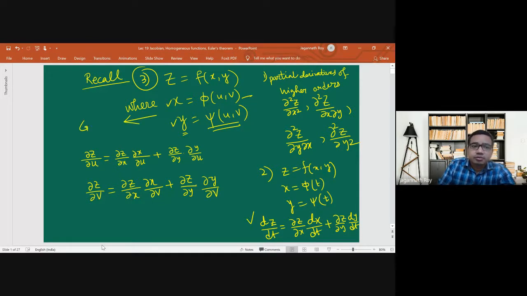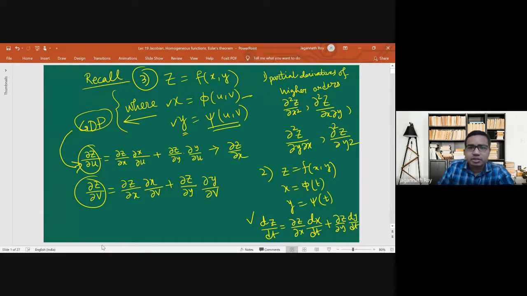One practical example we have seen is that the GDP of one country is a function of this type essentially. Now there we have calculated del z del u, but we have not discussed what will be the actual value of del z del x, the partial derivative with respect to x, or del f del x. Similarly, here also we have not discussed the partial derivative with respect to y.